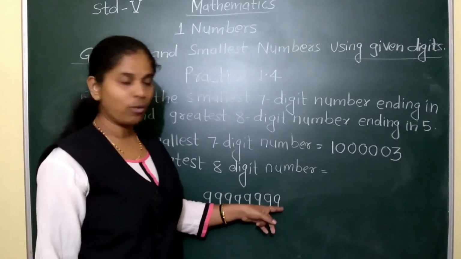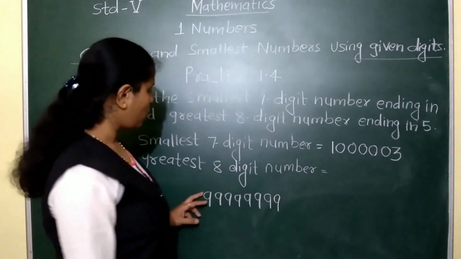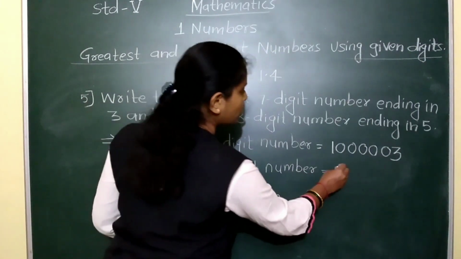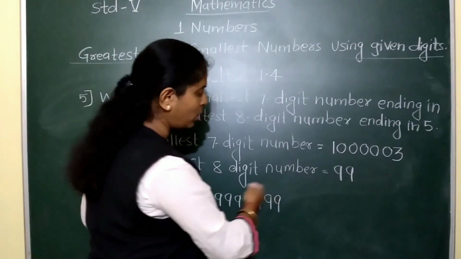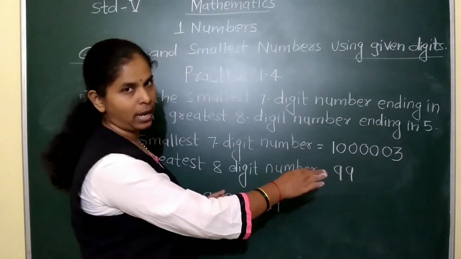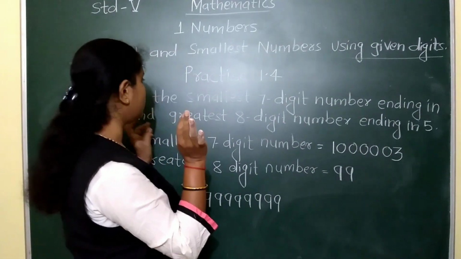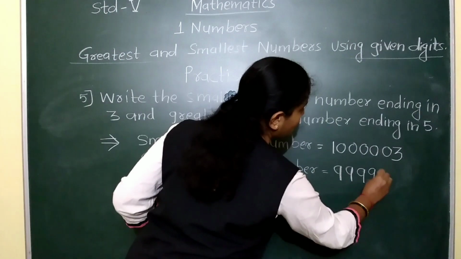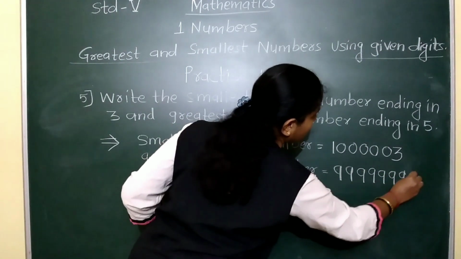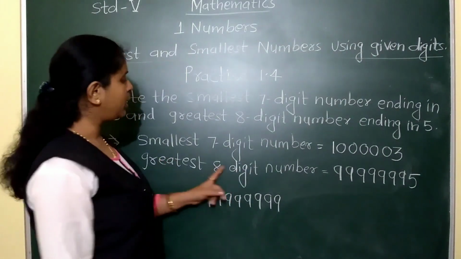Means at the end of this greatest 8-digit number, there should be 5. So what to do now? We will write in this way only. Okay. Other all 7 places we will write 9, and at the 8th place we will write 5. So this is the greatest 8-digit number.